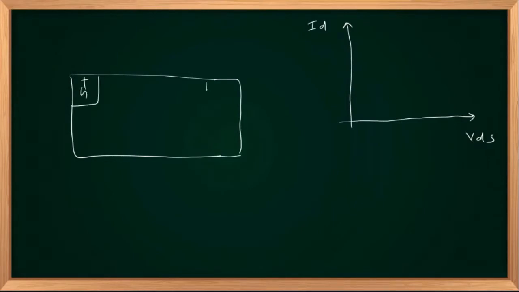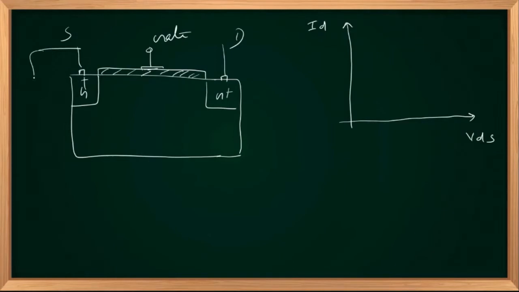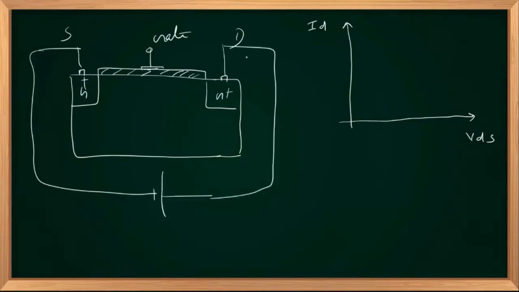N-channel device, silicon dioxide on top, metal gate, and as usual you have metal connection to source, metal contact to drain. Since this is drain, I am connecting a positive to drain terminal. Now I am varying VDS and I am observing the drain current.